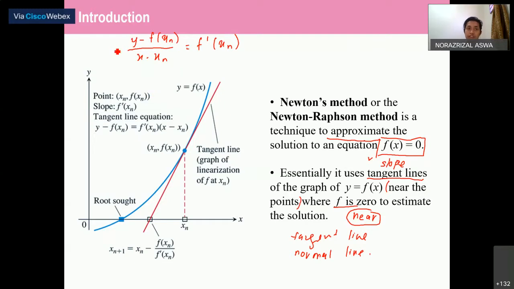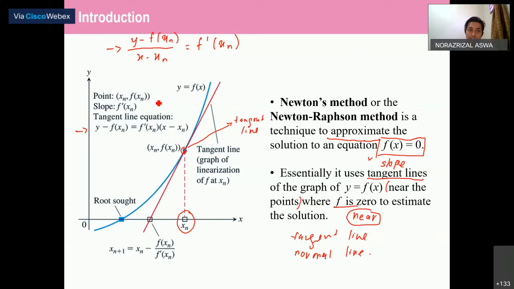But from this equation, you want to transform it into this equation before we formulate it to get the form required for us to perform the Newton method, or Newton-Raphson method. Taking for example here, we choose xn. We know the value of xn, and then we can compute f(xn). And then we try to find the tangent line at this particular point.